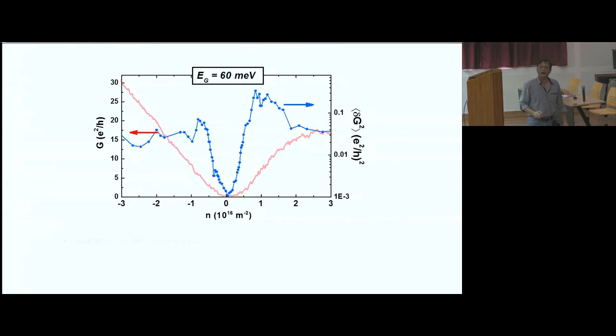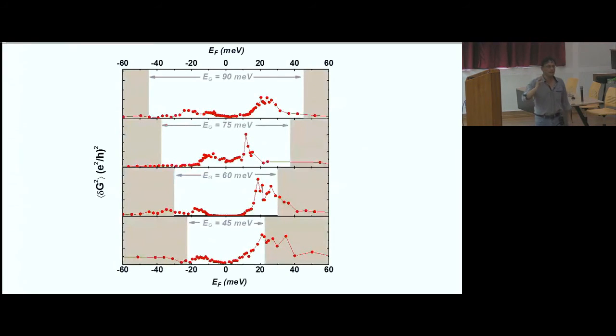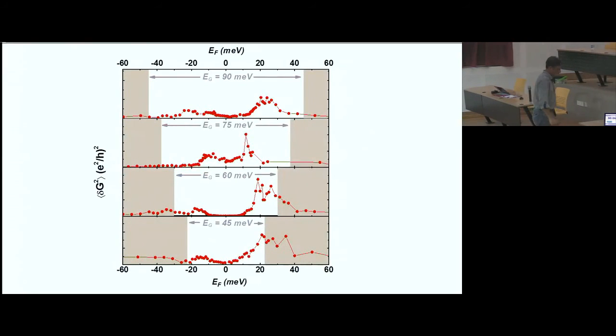Okay, this is my last slide. I'll show you what kind of behavior of conductance fluctuations we get for various electric fields, or various band gaps. You can see in all cases, the conductance fluctuation tries to go up as the system is becoming more and more insulating as a function of Fermi energy.